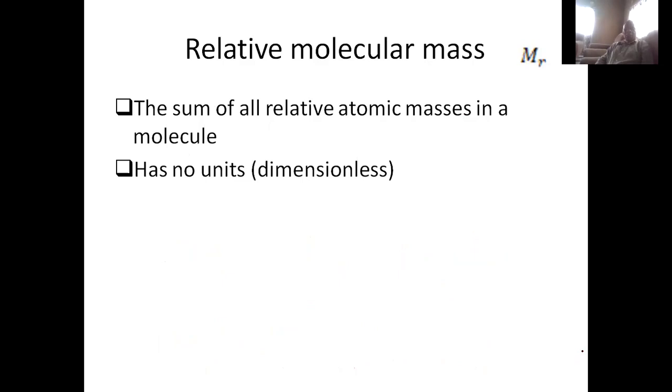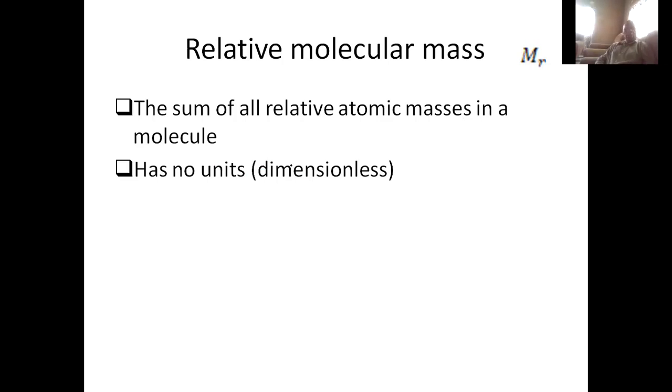And now that we have looked at relative atomic mass and we have done a few calculations, we look at relative molecular mass. The relative molecular mass of an element is the sum of all relative atomic masses in a molecule. In other words, what we are saying is that we add all the relative atomic masses that are found in a molecule, and then we come up with what is known as the relative molecular mass.